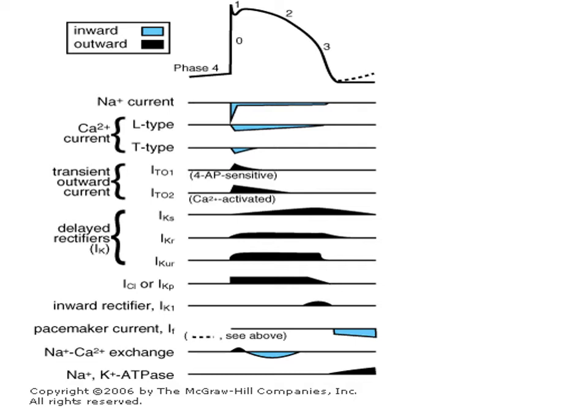So you can see that calcium influx there, especially during phase 1 and 2. And then the other thing to really note here is that inward rectifier, that IK channel, that's going to be really important when we're talking about QTc prolongation, because things that are blocking that inward rectifier are going to allow for QTc prolongation and delay the resetting of the myocytes, which allows for some of those reentrant rhythms like torsades.